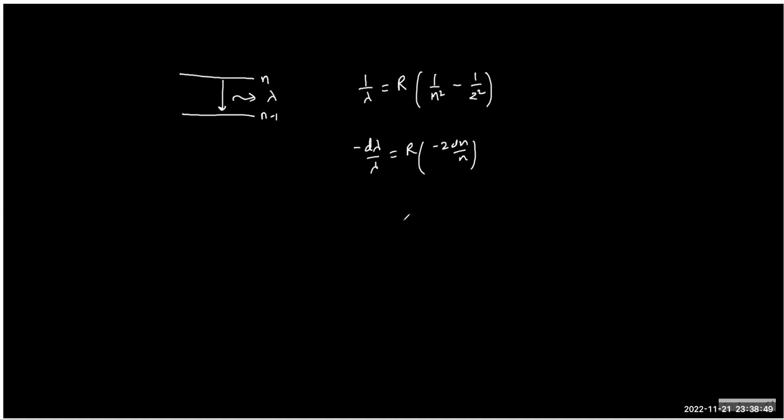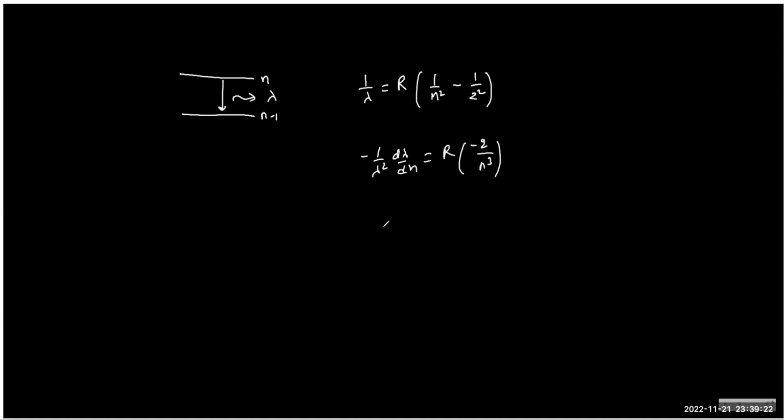So n is really large. I think we have to differentiate this with respect to n. So minus 1 by lambda square d lambda by dn, I can write like this, R into minus 2 by n cube. Yeah, this is a better way of writing.